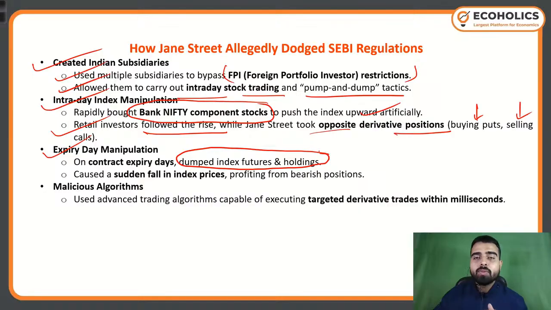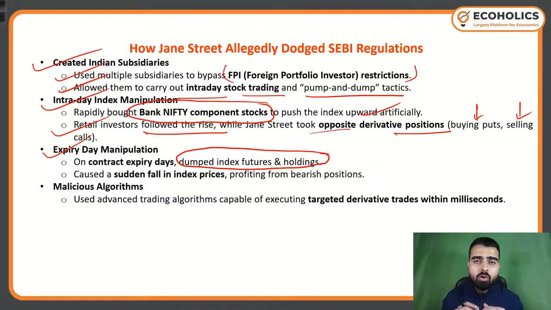They dumped means they started selling whatever they had bought, the stocks of Nifty 50. They brought down the value of Nifty 50 that they had inflated. They dumped on the put option sellers and the call option buyers. Those were the retail investors.